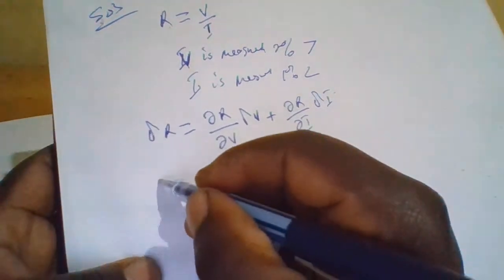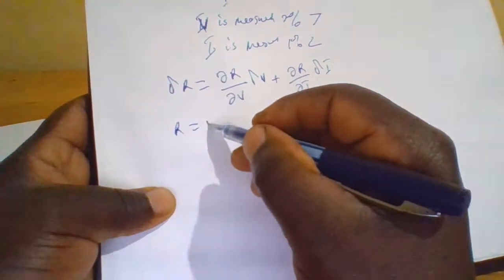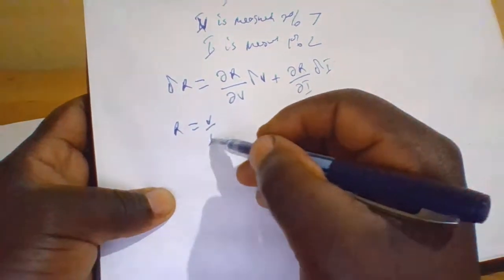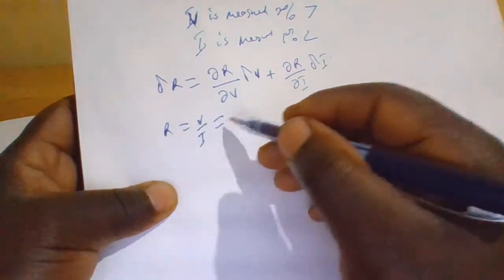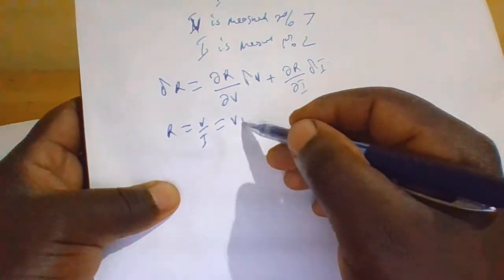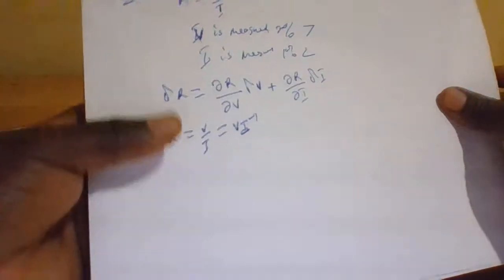We are being told that R equals voltage over current, and we can express this as voltage times current raised to -1.